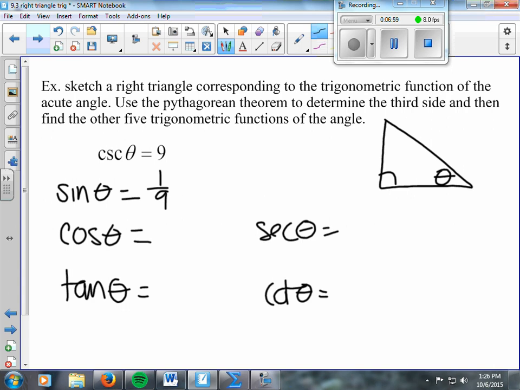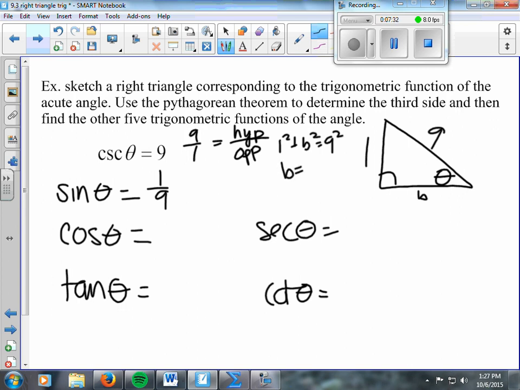All right, cosecant is the reciprocal of sine, which is opposite over hypotenuse. So 9 is the same as 9/1, and that's going to equal hypotenuse over opposite. So now I'm going to go over to my right triangle. I'm going to label the hypotenuse, the side across from the right angle, as 9, and the side opposite theta as 1. And now I have to figure out this side again. I'm going to call it B. So 1 squared plus b squared equals 9 squared.